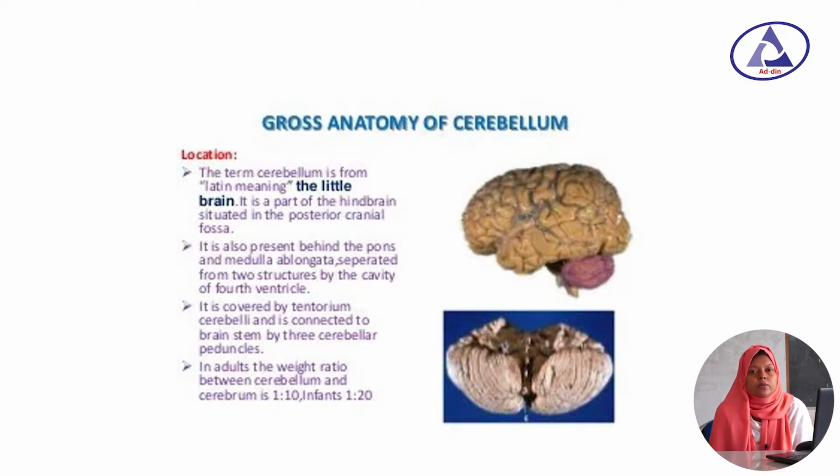In between pons and medulla oblongata and the cerebellum there is a cavity called fourth ventricle. So it is separated from pons and medulla oblongata by the cavity of fourth ventricle.